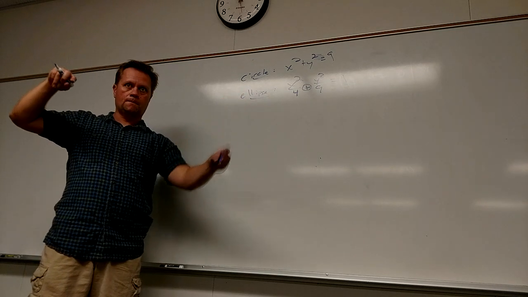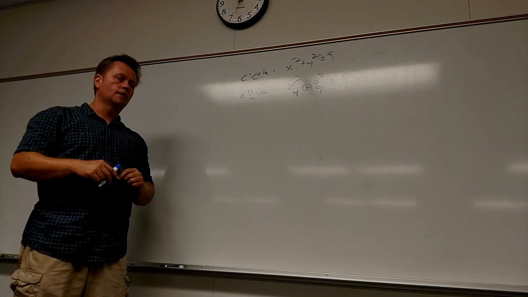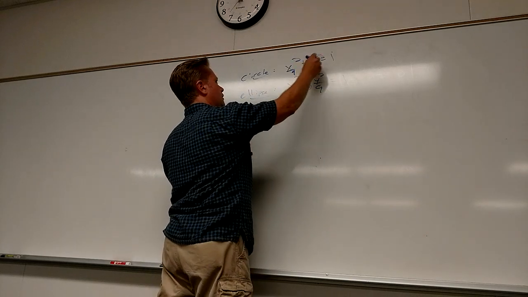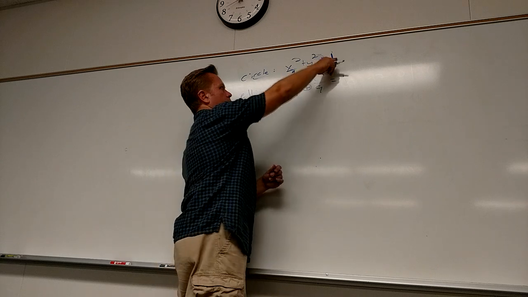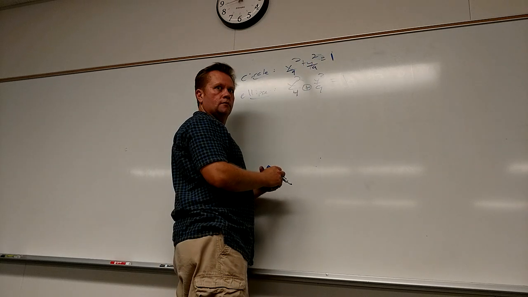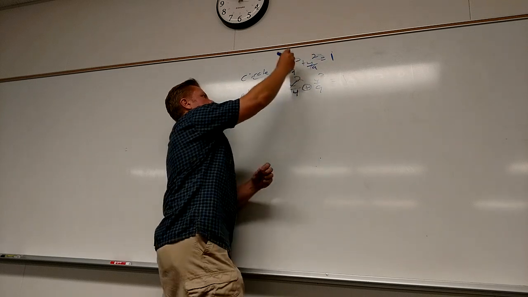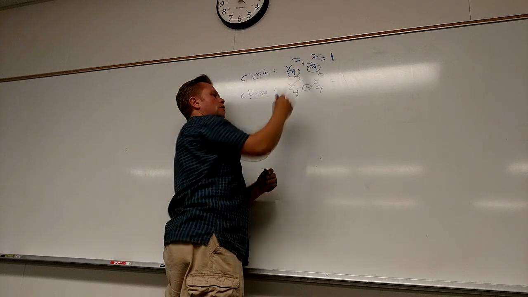So a circle is when it's not gonna be divided by something? I mean, it could be, but it would have to be the same exact thing. I can write this like this, right? Because then I can multiply by 9 and get it back up there. I've said this so many times. A circle has to act the same way in the x and the y direction.